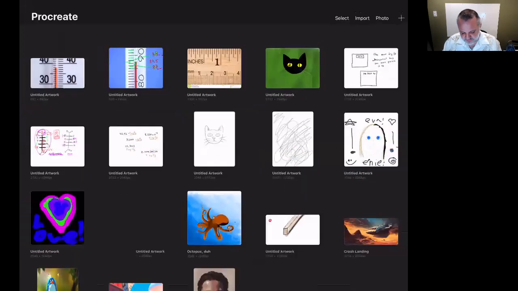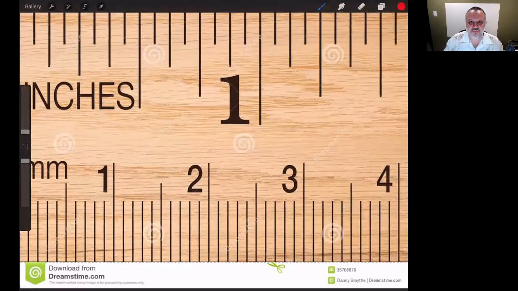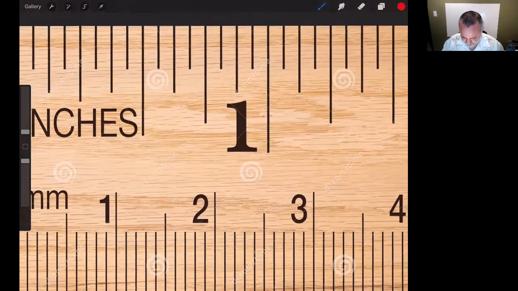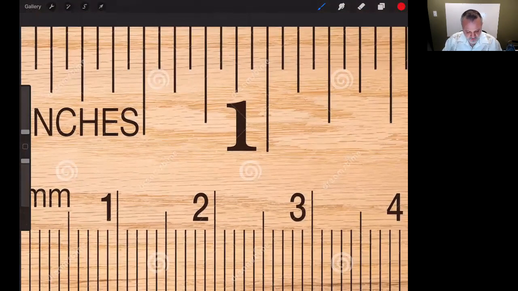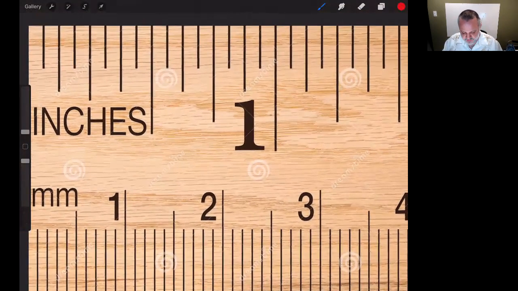Let's take a look at another ruler here. This one's a little bit more clear. The resolution is just a little better. I've got inches on one side, millimeters on the other. The inches side I'm not going to talk about, because its graduations are in fractions.